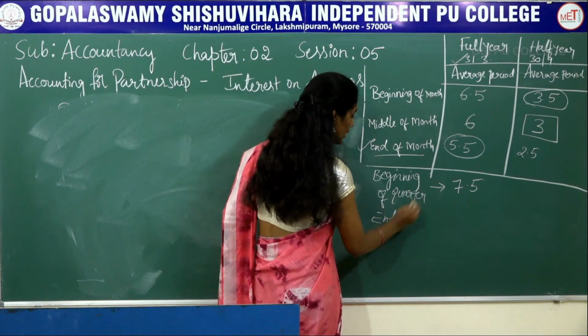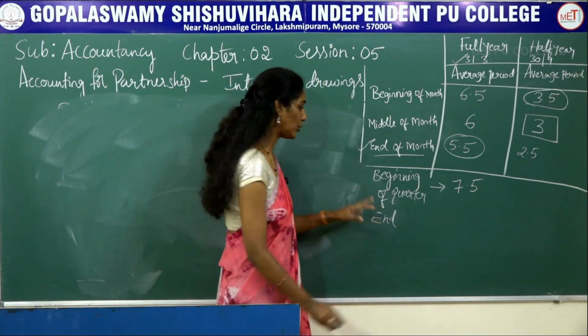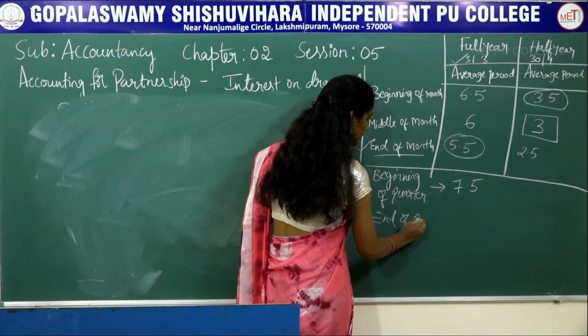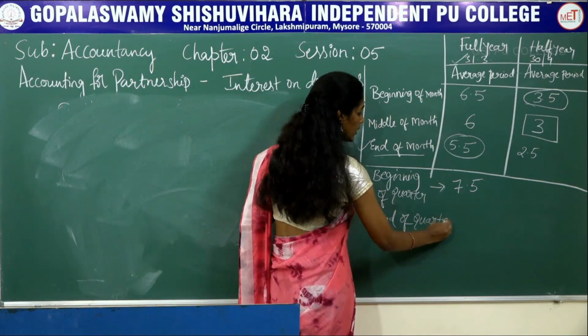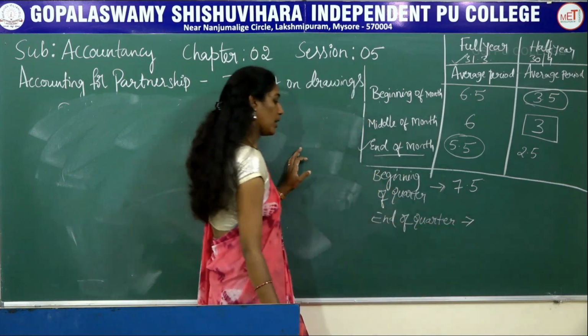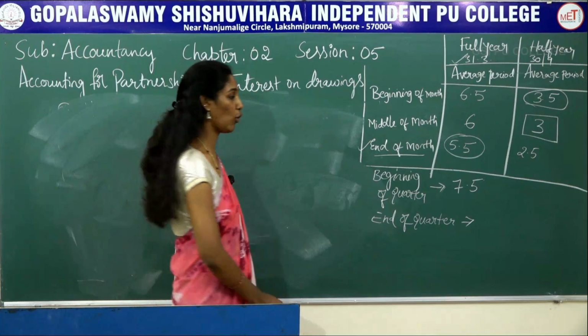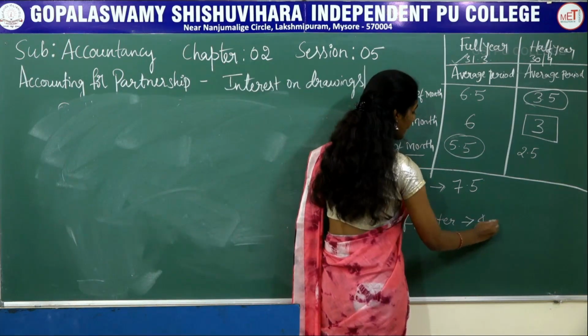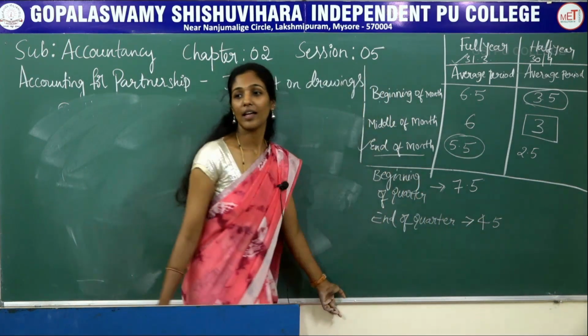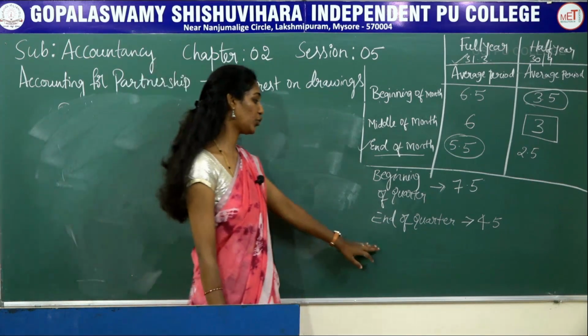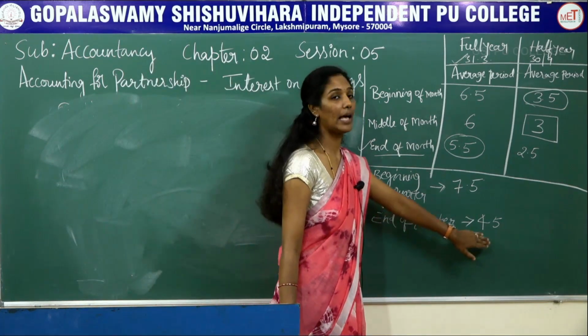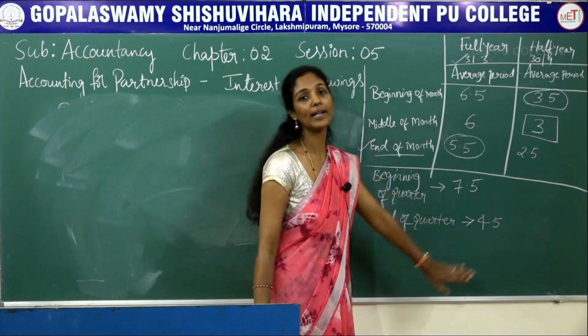Suppose a partner withdrew at the end of each quarter, the average period will be 4.5 months.